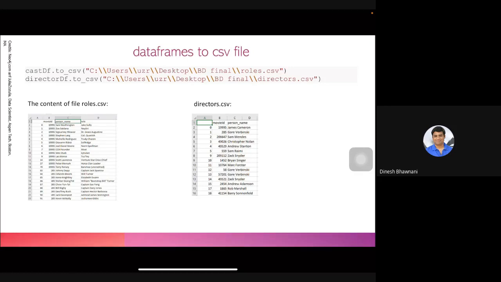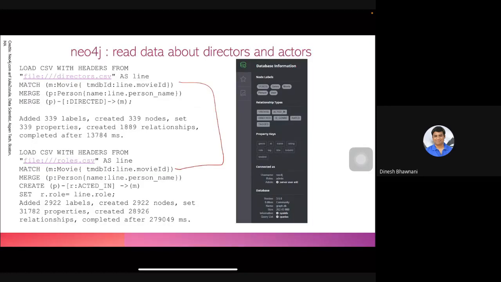So load CSV with headers from file CSV like roles.csv as line. Then match the movie. Okay, this is very similar to the earlier one. Then you have to merge. This merge is like you're creating. You already created, so do not overwrite. You can always go bindas with merge.